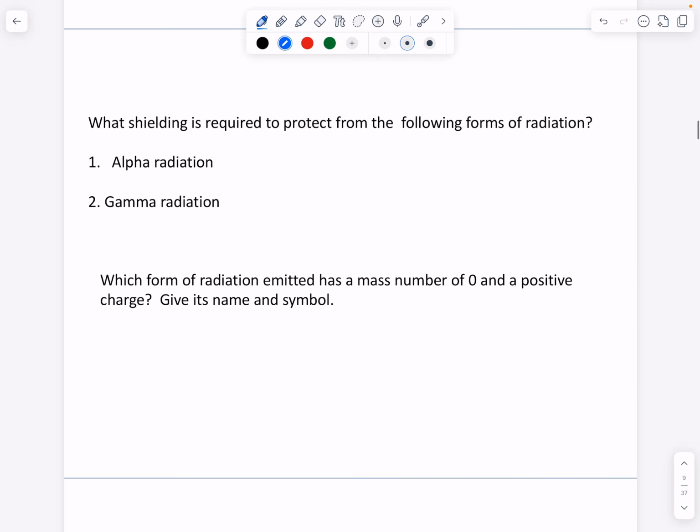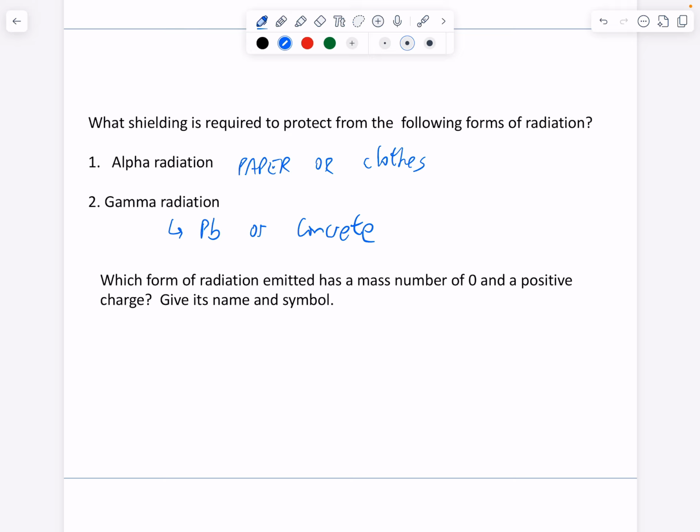Okay. What shielding is required to protect from the forms of radiation? You protect from alpha by just using a paper or a cloth, just regular cloth. How do you protect from gamma radiation? By using a lead apron or concrete. Okay?